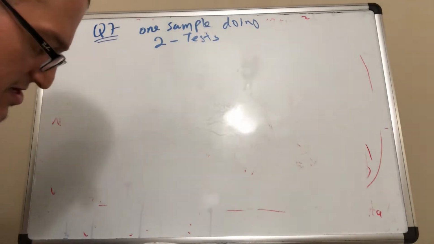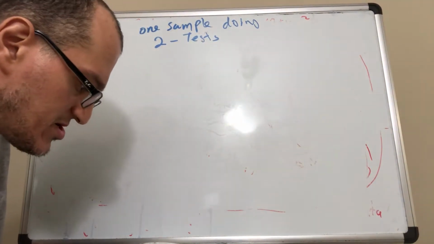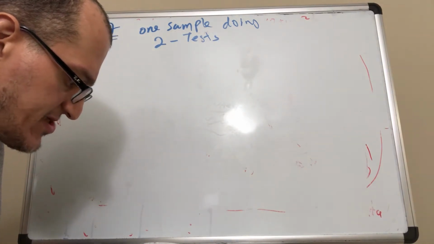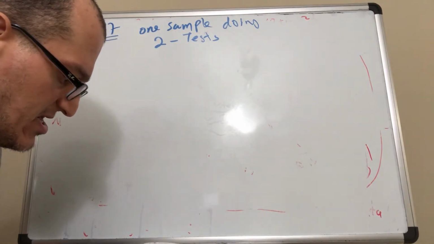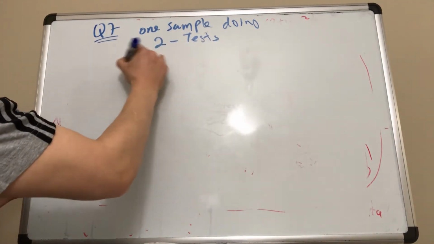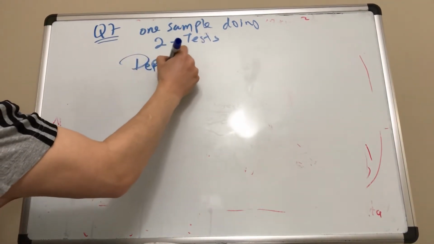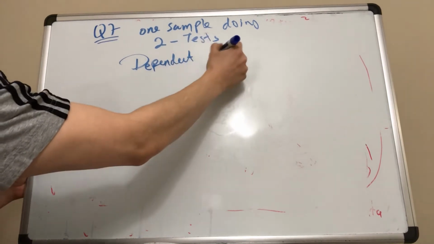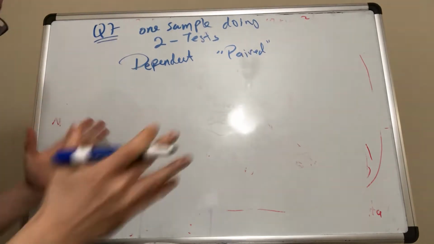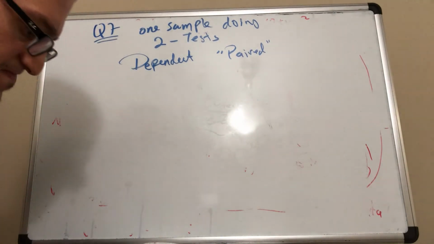They took the recording before and after, so the start and the end, and they recorded all of them. So one sample doing 2 tests, that would be a dependent system, also called paired sampling, when it's one group doing 2 things.